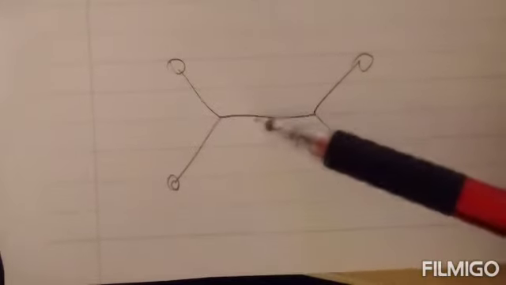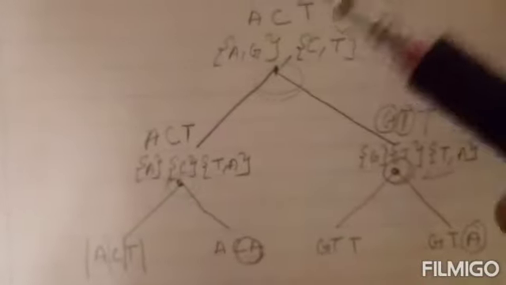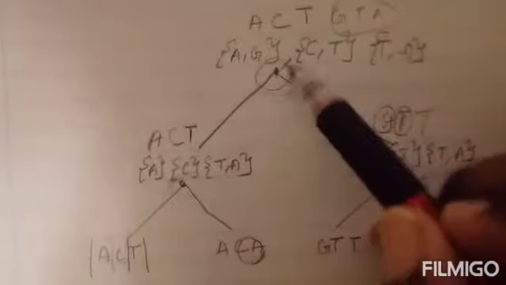These are the internal nodes, this is an internal branch, and these are the external branches which have the tips. From these you can find the ancestral relationships. That's mainly based upon phylogenetic trees.